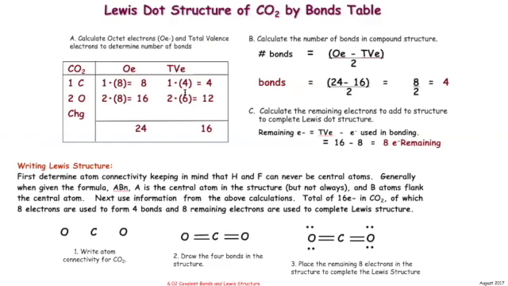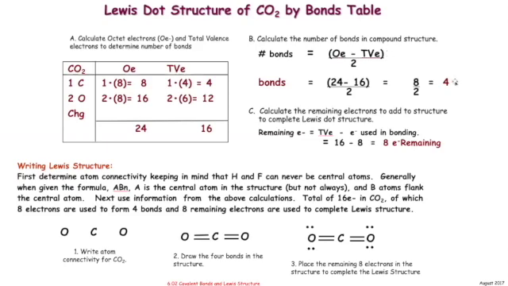Now, in reality, we have 4 for carbon. But the magical thing about this table is this right here. If you take the octet electrons, 24, and just subtract the total valence electrons, 16, those are the electrons that you have to commit to bonds. 24 minus 16 is going to be 8. You have to commit 8 electrons in this compound for bonds. If you take 8 and divide it by 2, there are 4 bonds.